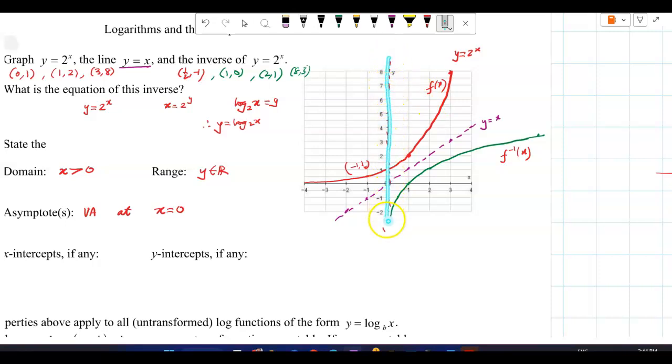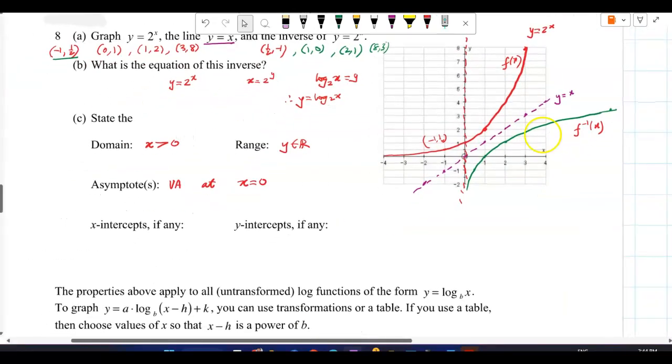In this case, this graph never reaches it. You may think it does here, but I have not drawn the full graph. The grid given is only this much. And there's no horizontal asymptote.